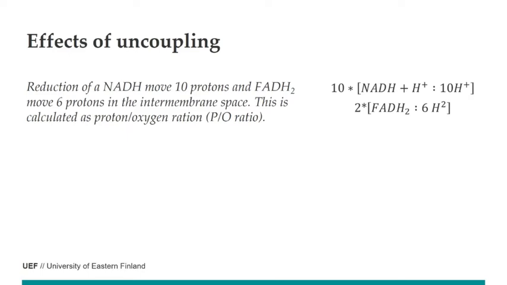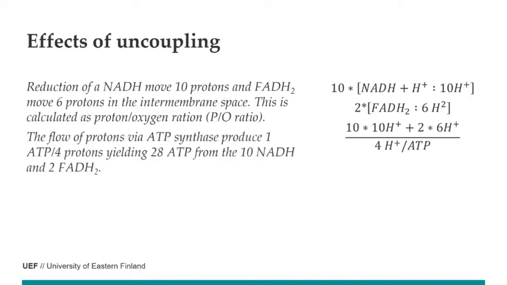If we get 10 NADH or 2 FADH2, then we get a lot of protons in this intermembrane space. And when they are flowing back, for every ATP we use 4 protons, and that's why from this process we can get 28 ATP from 10 NADH and 2 FADH2.